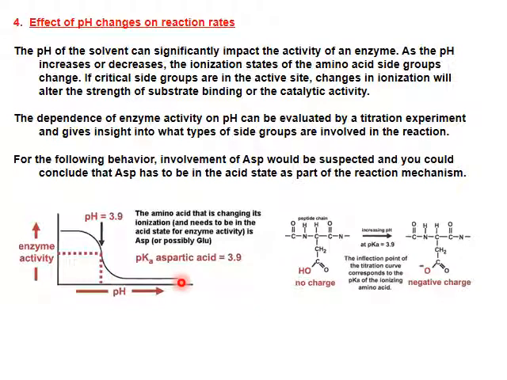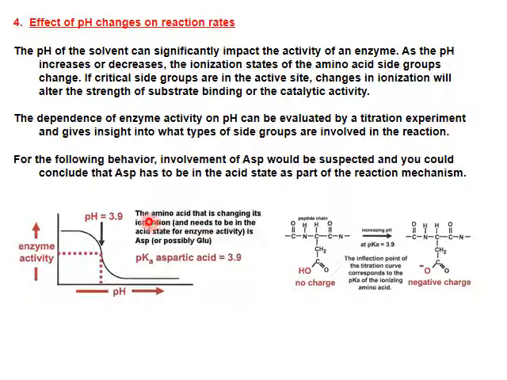There's no enzymatic activity. And if you see a transition like this and go to the inflection point, you'll often see that the pH is hovering around a possible pKa value of an amino acid that may be important in the active site.